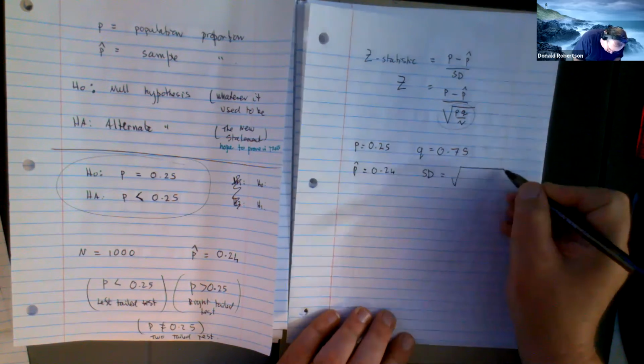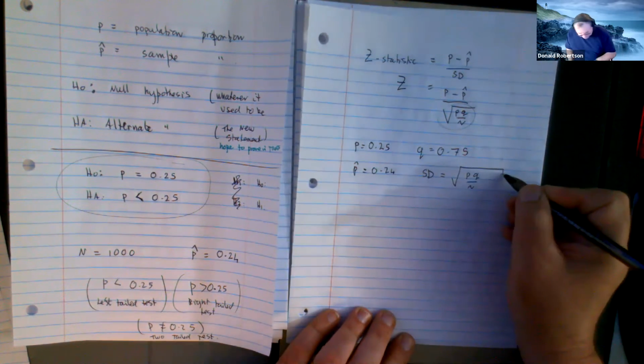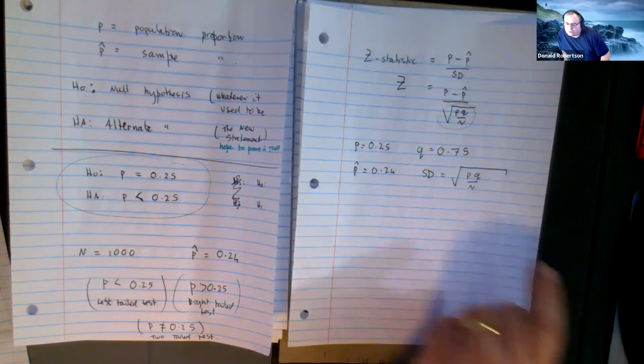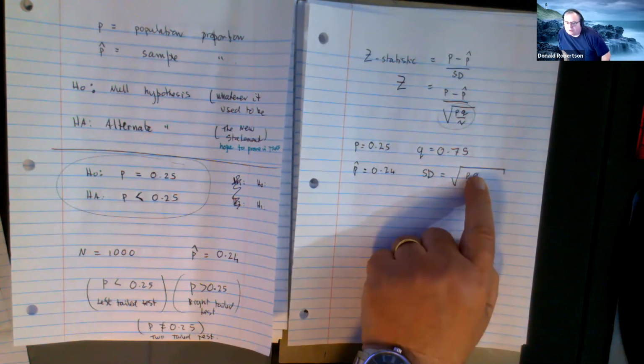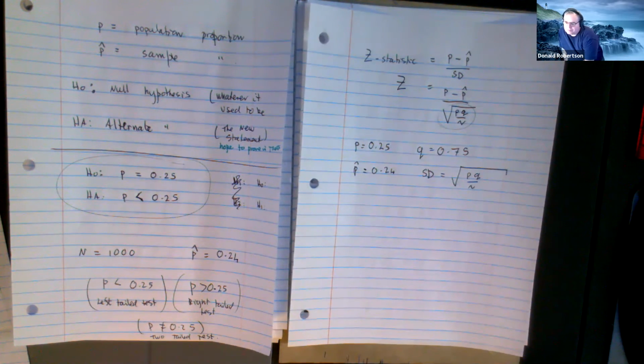And one of the most common mistakes that people make when they do hypothesis testing is that they don't use P and Q. They use P hat and Q hat, because haven't you been using P hat and Q hat a lot in confidence intervals?